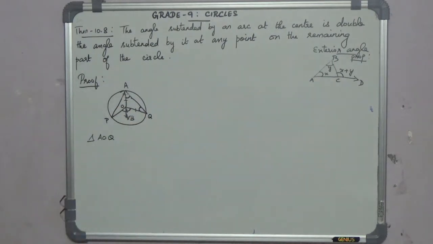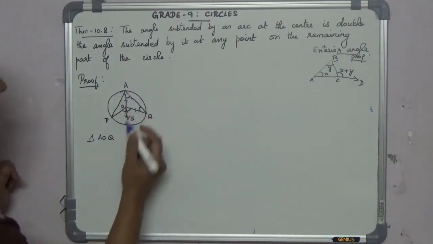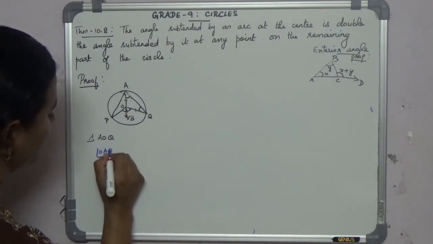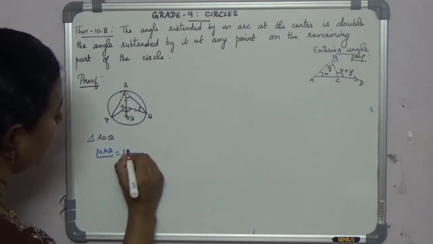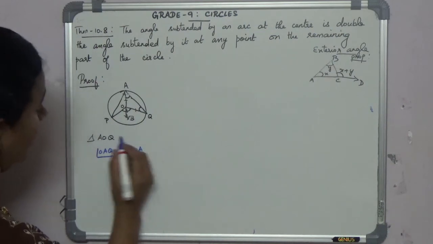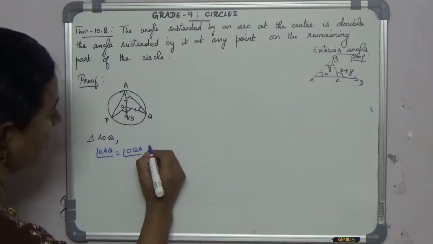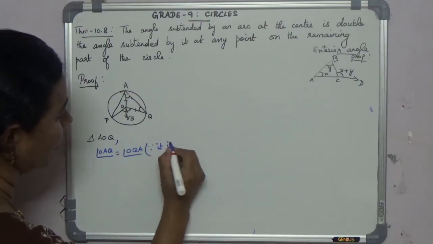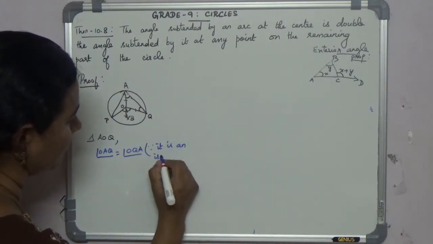That is, angle OAQ is equal to angle OQA. The reason is, since it is an isosceles triangle.